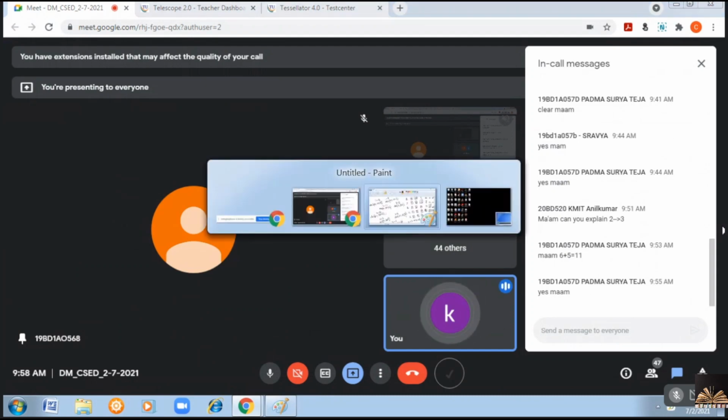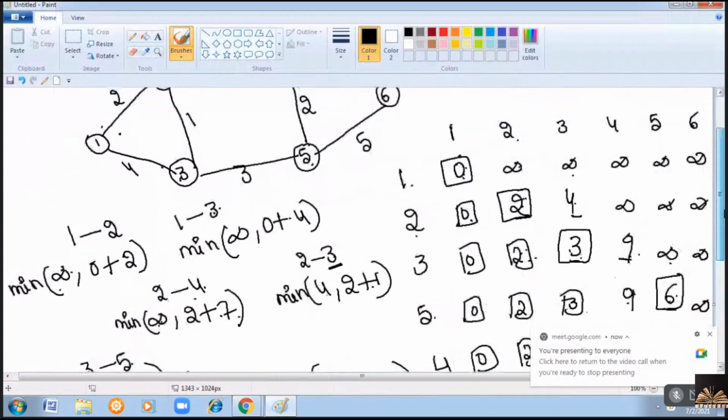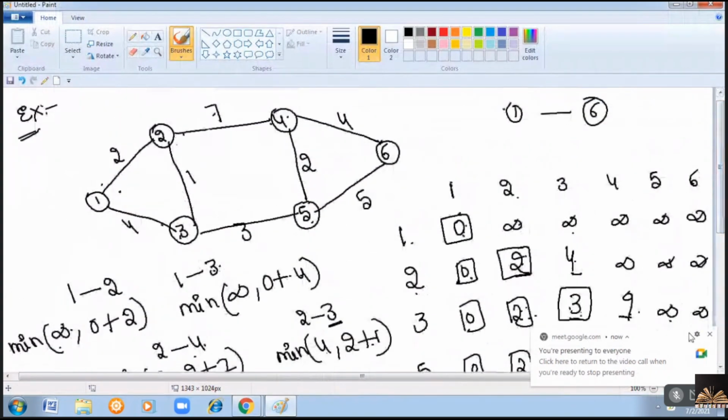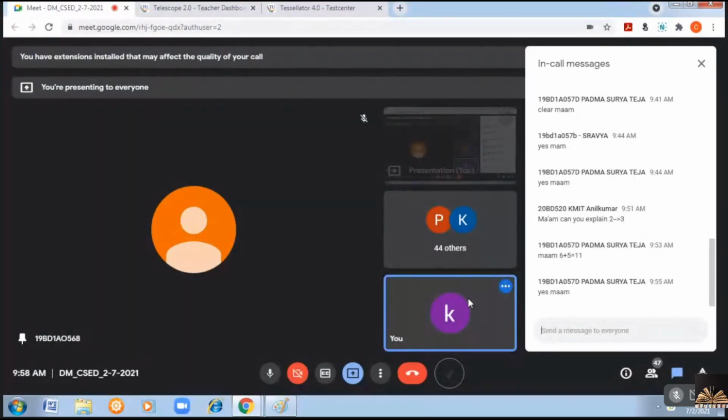2 to 3, you want me to explain? You want me to explain 2 to 3?